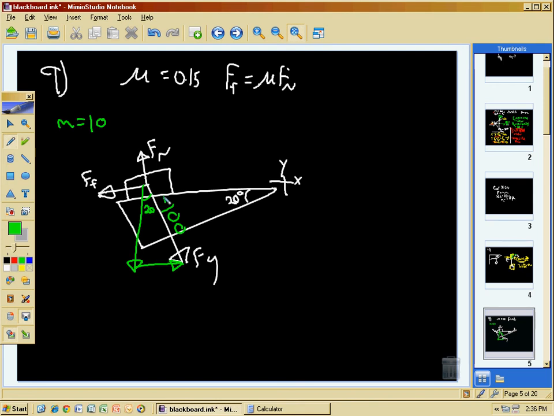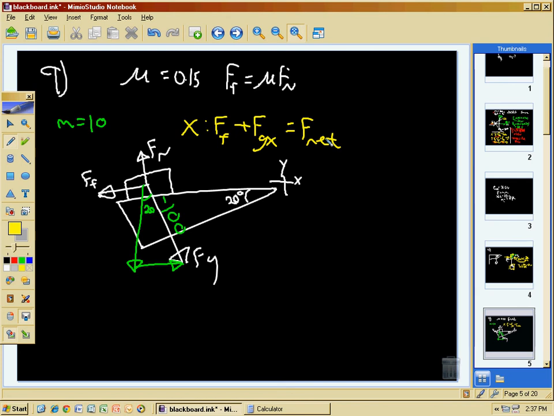Well, if we're looking for friction, let's write our equation that includes friction. So, force of friction is in the x direction, and it includes friction and the x component of gravity, which is going to equal F net. Except, do we know F net? I mean, we can find FGX, but we have to find friction first because we don't know F net.